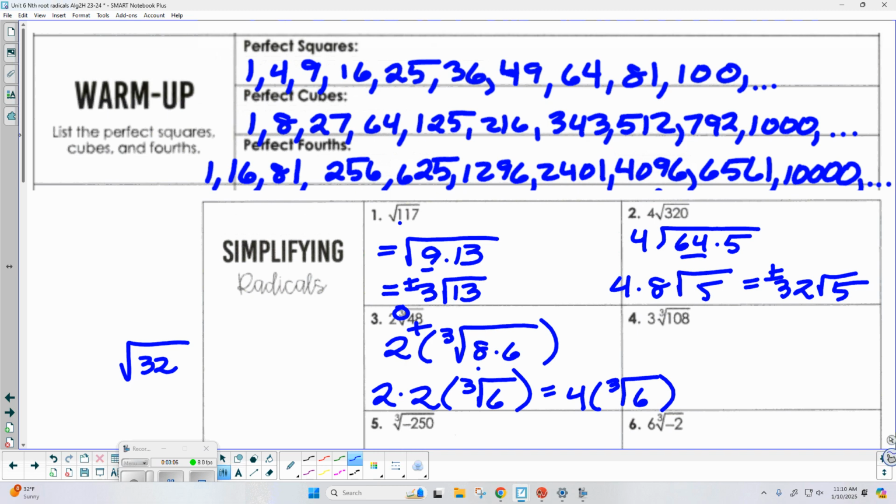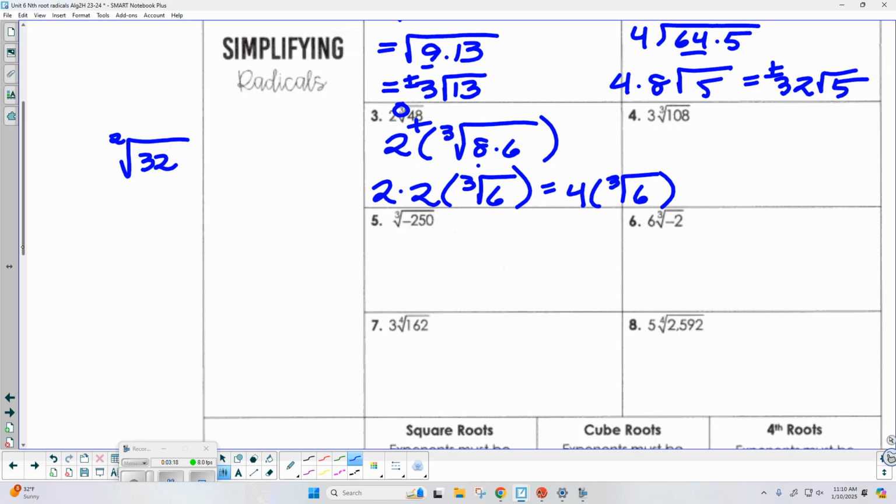So because the radicand here is 32 and my index is 2, we're looking at this top row. 16 would be the largest. So I could go ahead and rewrite this as the square root of 16 times 2, and then I go ahead and simplify what I can. We know the square root of 16 is 4, but 2 would have to stay inside as the new radicand.